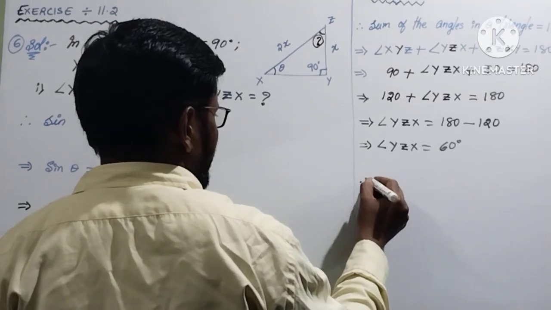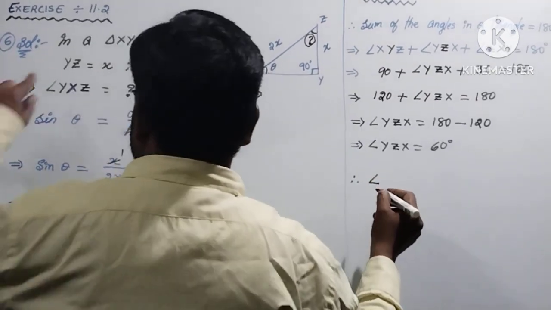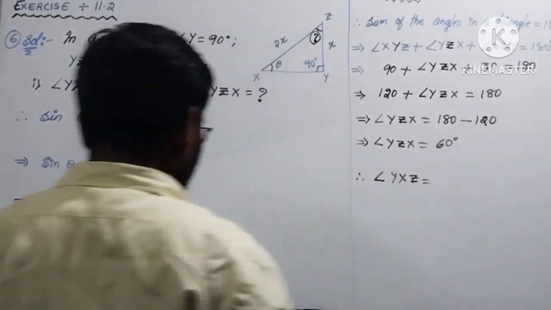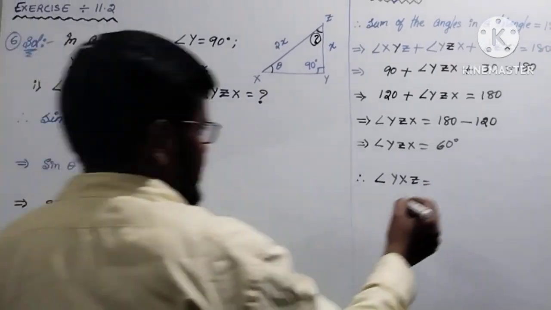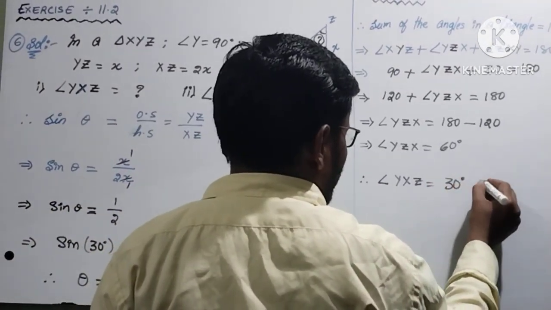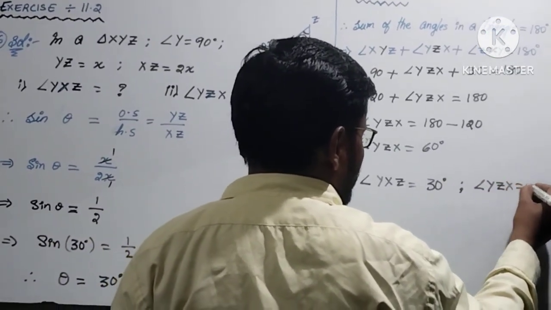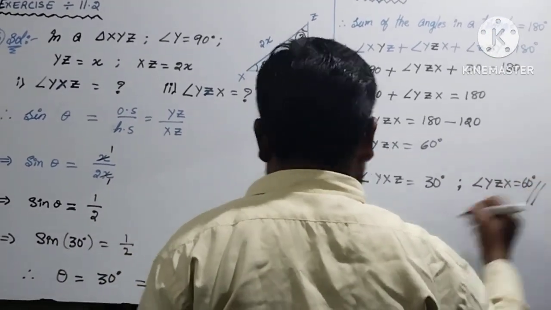Therefore angle YXZ is 30 degrees and angle YZX is 60 degrees.